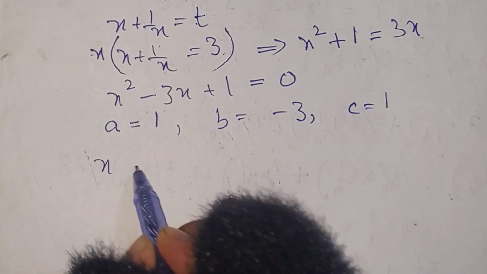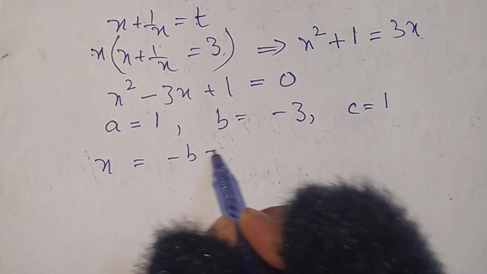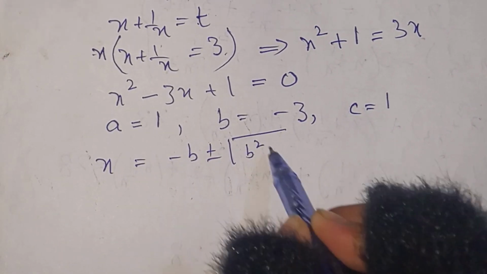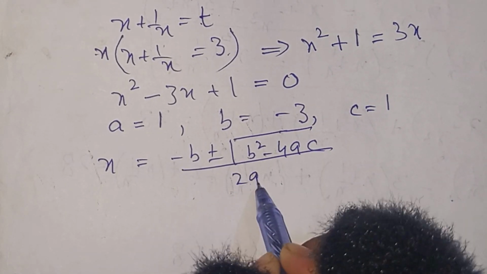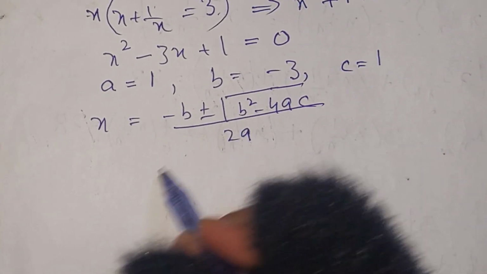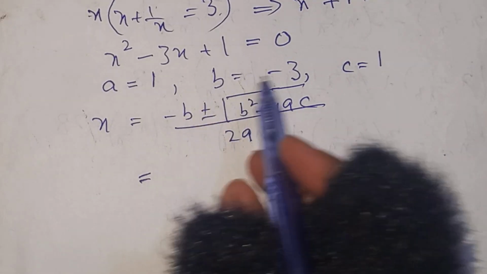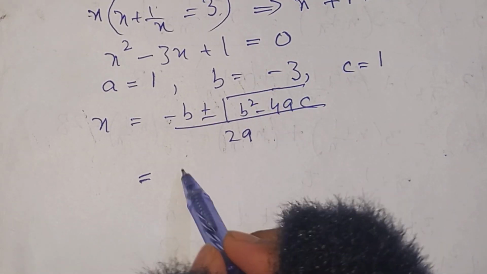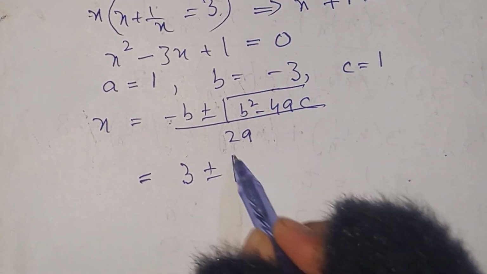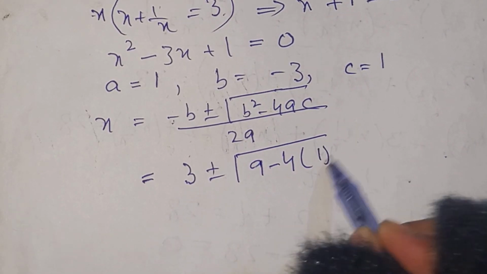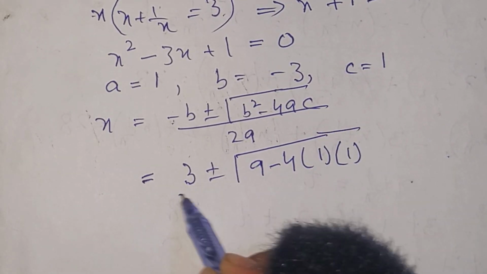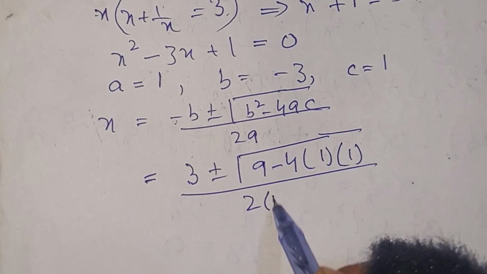So the formula is x is equal to minus b plus minus square root of b square minus 4ac over 2a. So we substitute these values in the above formula. So this will become, minus b will become 3, plus minus the square root of b square, which is 9, minus 4, a is 1, and c is 1, over 2, and a is 1.